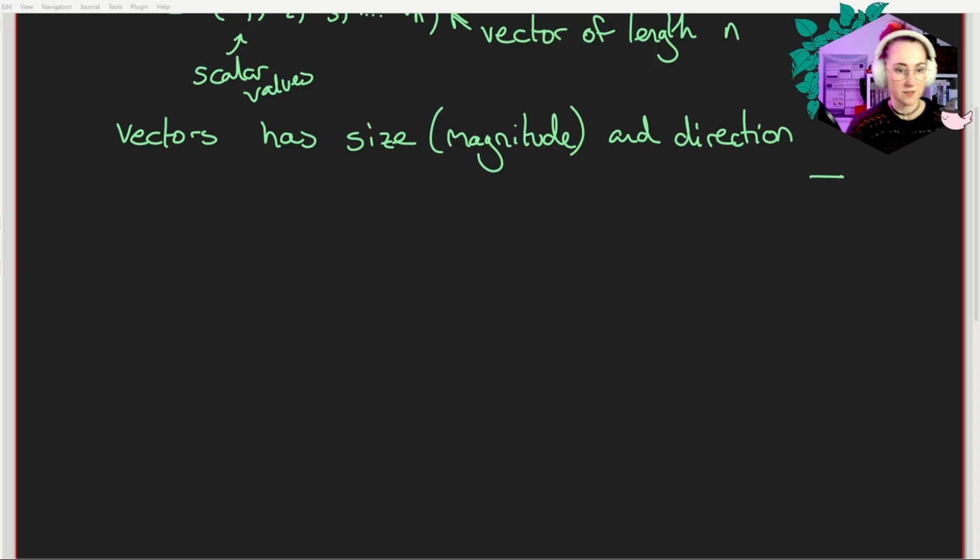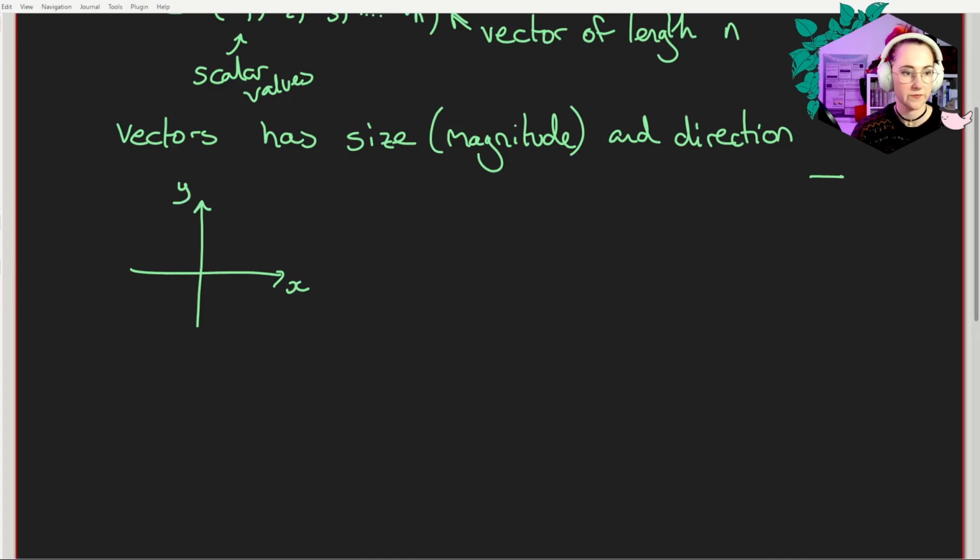So vectors have size and direction, and that's where being able to draw them as arrows comes in really useful. The vector v would be the vector that takes you from the origin to a point. Call that capital V, and this is the vector v. So from the origin to the point v.